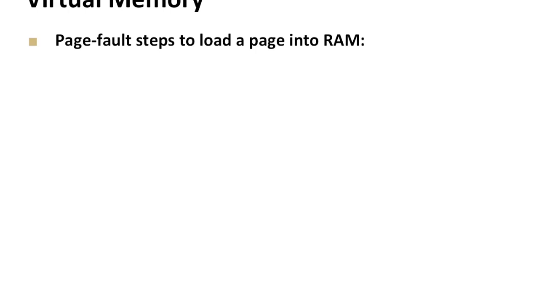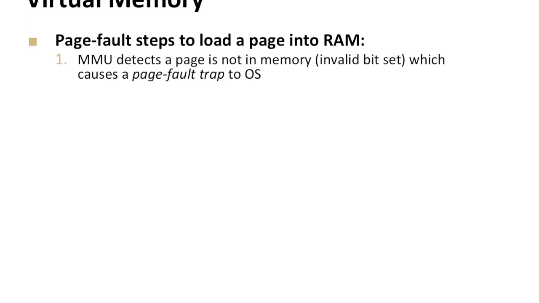Here's how a page fault works. This is when we go to access a logical address and that logical address is not in memory. So the MMU is going to see that the page is not in memory because the invalid bit is set inside the page table. And this causes a page fault trap. So the kernel is going to get notified that we are trying to access a page that is not currently in memory.